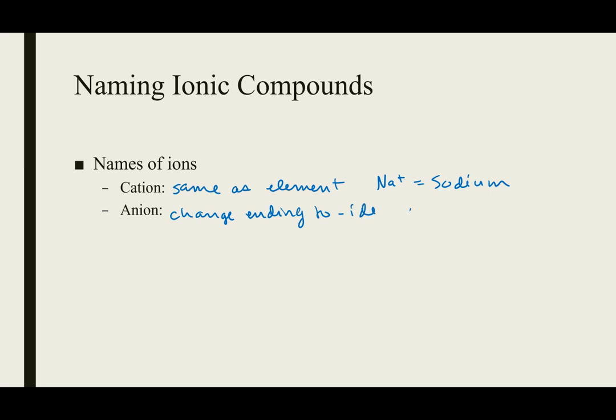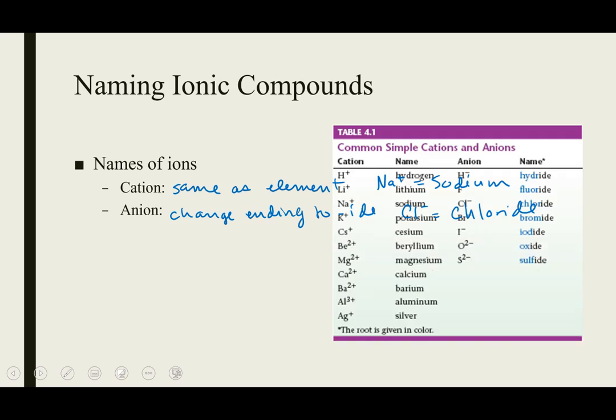So if I have Cl-, that's not chlorine, that becomes chloride. So for the name of the compound NaCl, you just name the cation, sodium, then name the anion, chloride, so it becomes sodium chloride.